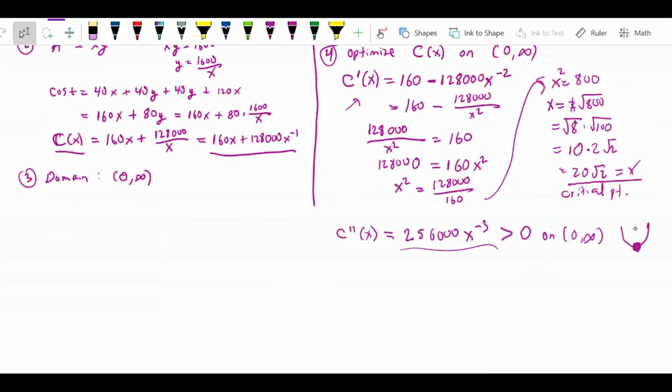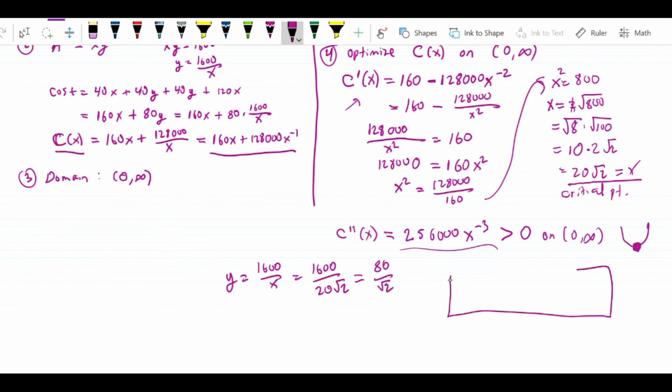So finally, let's finish the problem. We know that y is equal to 1600 over x, so that's 1600 over 20 root 2, which gives us 80 over root 2. So the dimensions of the picture frame are 20 root 2 by 80 over root 2, in inches on either side.